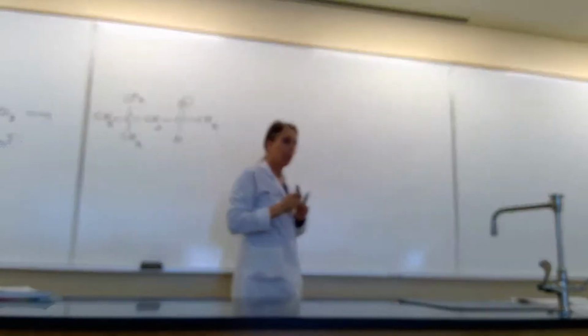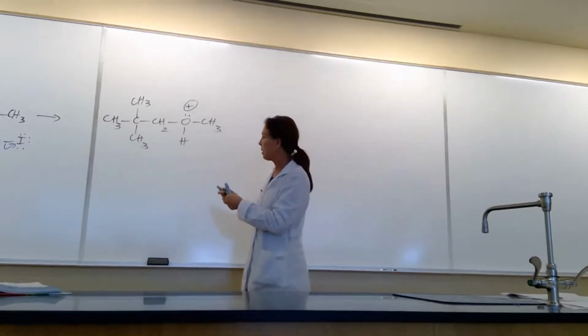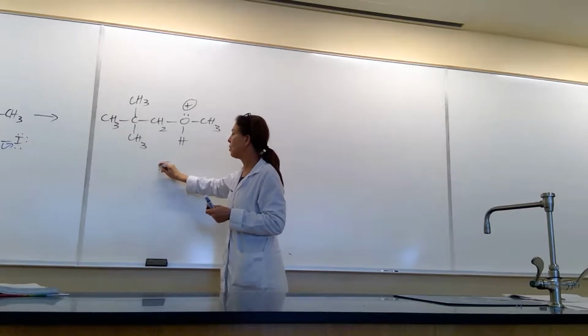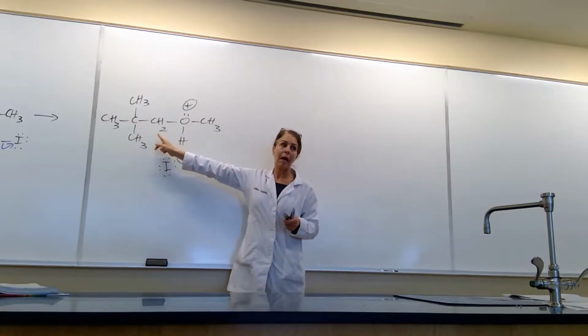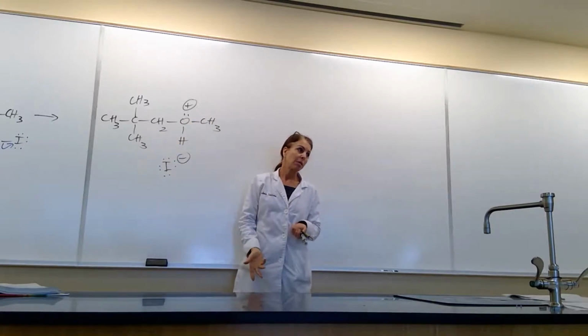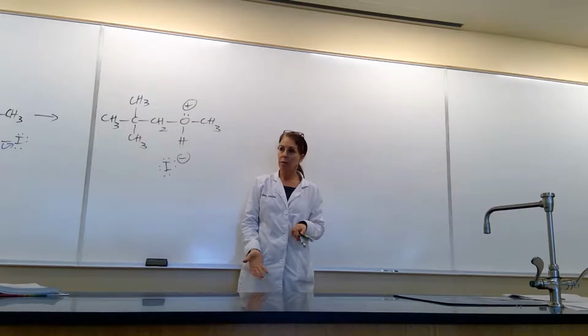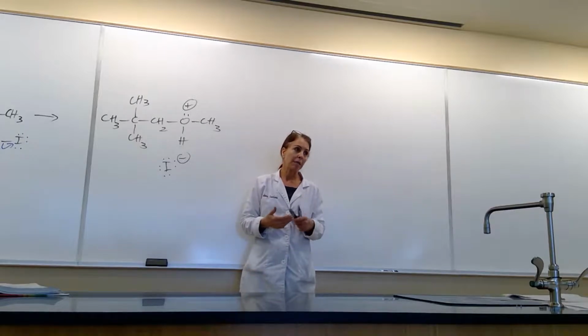Now, which side will open? You have an iodide. First of all, here, there's no way to form a carbocation. You see that? Whether I open on this side or on that side, they're both what? Unstable carbocation. So it has to be an SN2, not SN1.